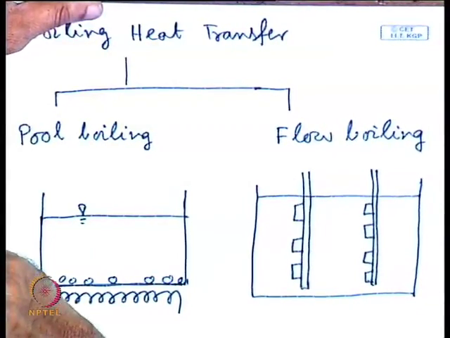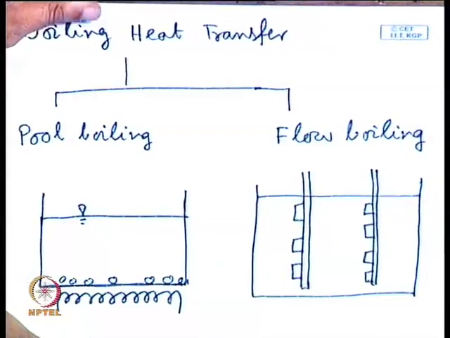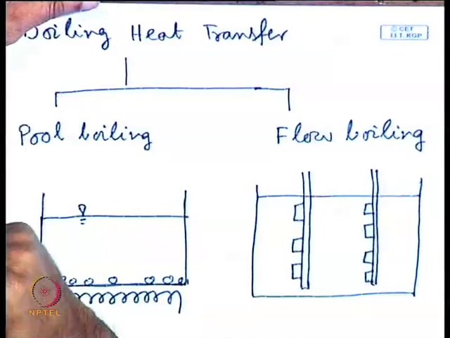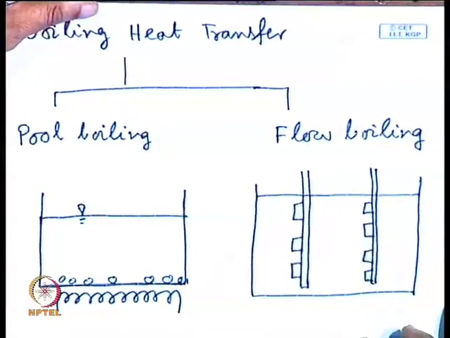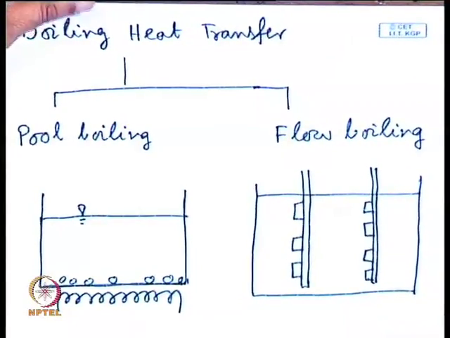This is an application of pool boiling used in industrial practice. Or we can take the example of material processing, where a large chunk of metal is immersed in a pool of liquid for quenching. This is also another application of pool boiling in industrial practice.